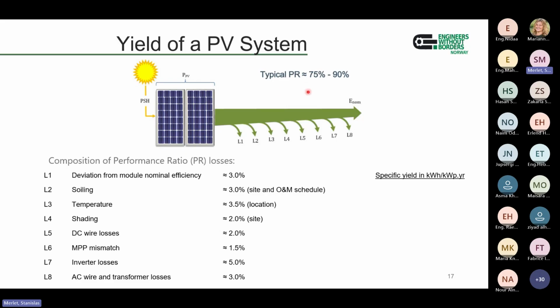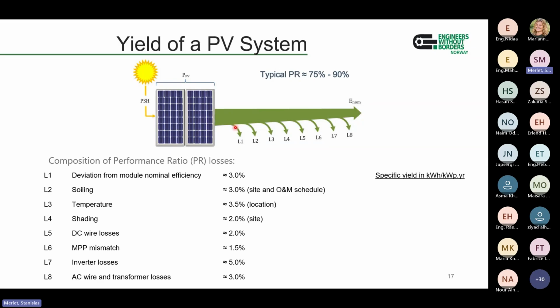The performance ratio is in percent, so it's just the percentage of energy that goes from when you hit the module to the actual energy output. It's usually about 75 to 90%, and 90% is quite high. For a ground-mounted system, you usually lie around 80%, for example.